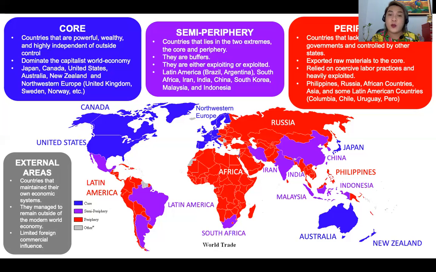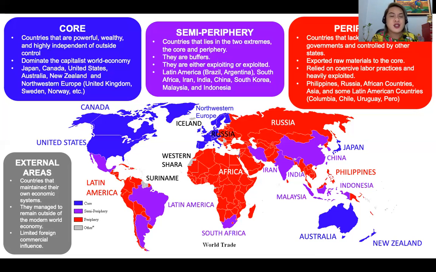They limit foreign commercial influence, meaning they lock their countries from foreign influences so that they can mobilize themselves toward better economic prosperity. These countries are Russia, Iceland, Western Sahara, Suriname, and lastly North Korea. These are countries that are part of the external areas of the modern world system.